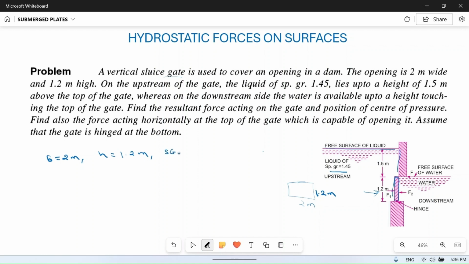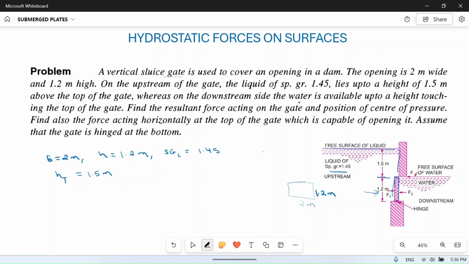Specific gravity on left side is 1.45, up to a height of 1.5 meter above the top of the gate. So above the top of the gate, height is 1.5 meter.